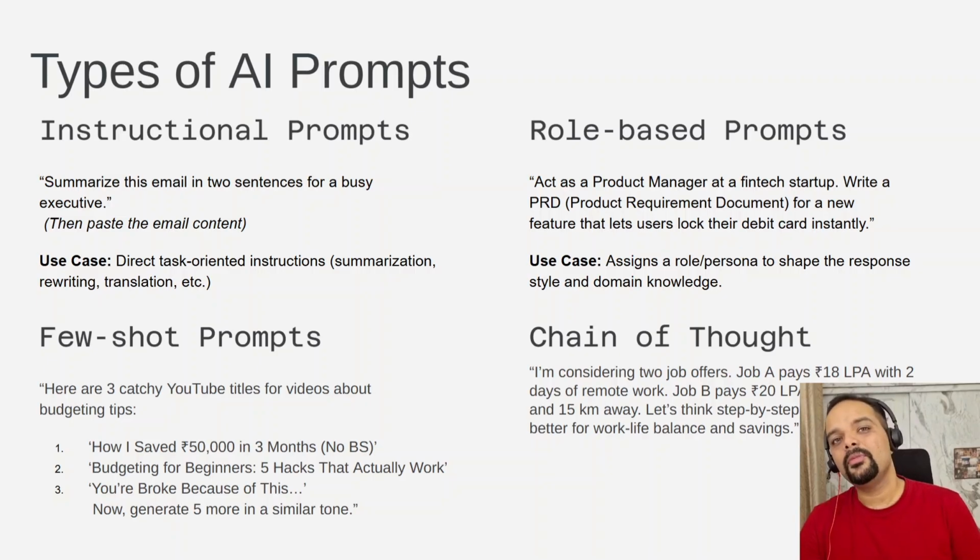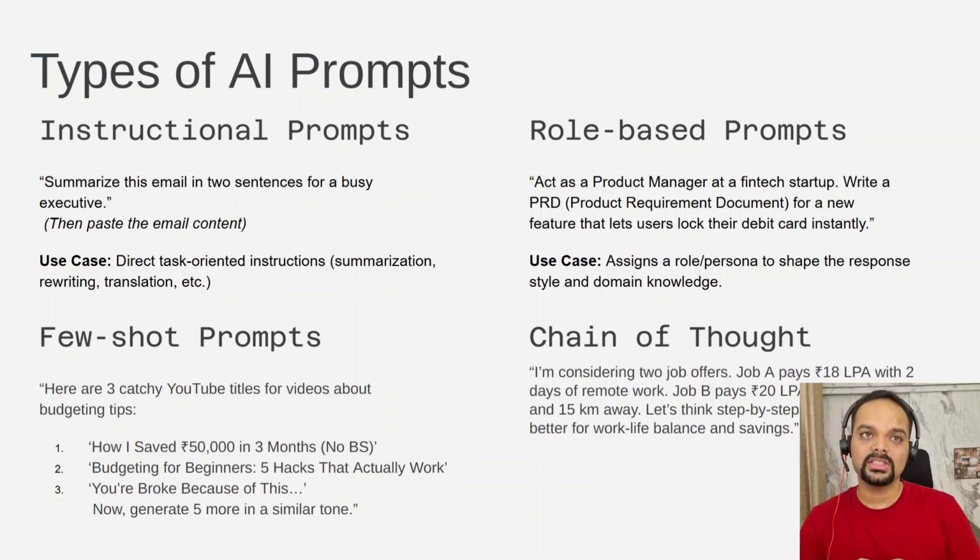The next type of prompts is few-shot prompts. Whenever you're trying to come up with title ideas, names, all these things, few-shot prompting will be very useful. Say for example, here are three catchy YouTube titles for the videos: how I save 50,000 in 3 months, budgeting for beginners, 5 hacks that actually work, and you are broke because of this.